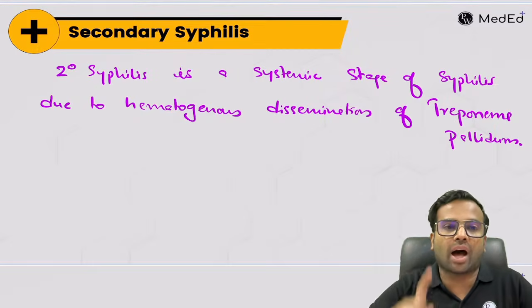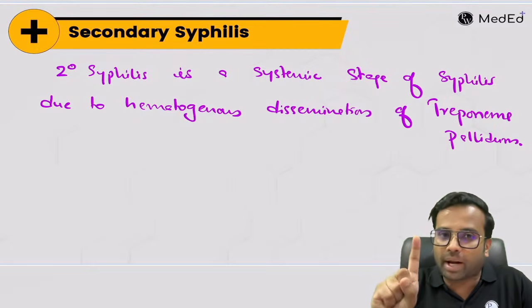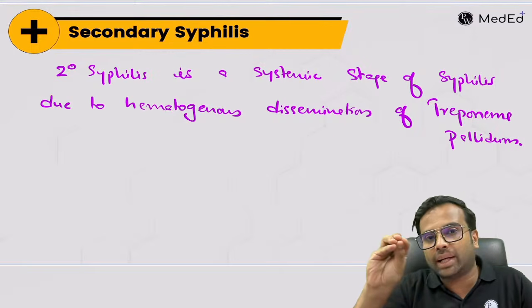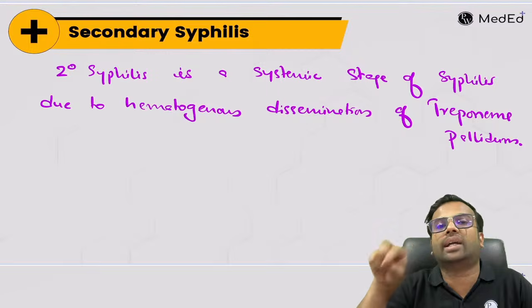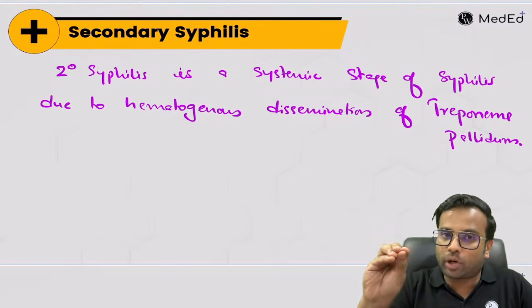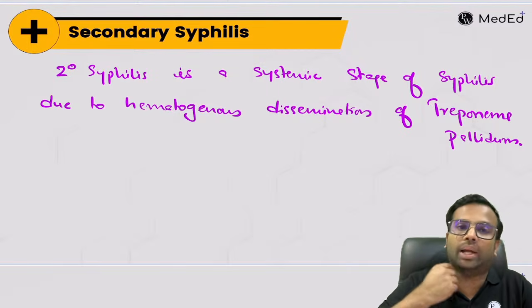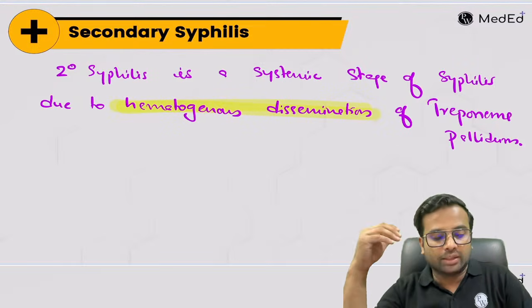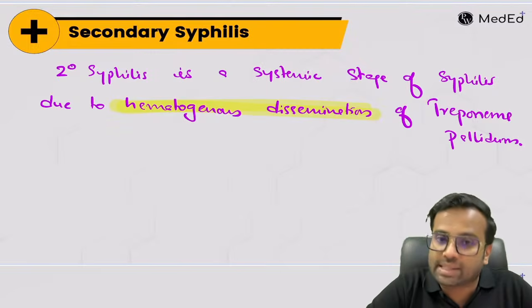So what happens when the patient with primary syphilis is not treated? The Treponema pallidum, which was present in the genital ulcer, will now disseminate in the blood. That is why when there is a hematogenous dissemination, the patient will go into secondary syphilis.